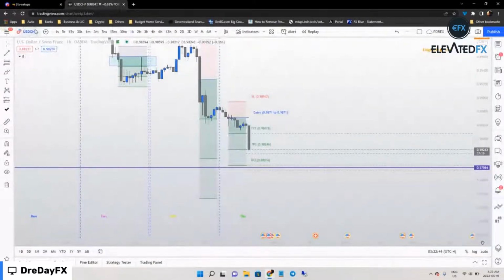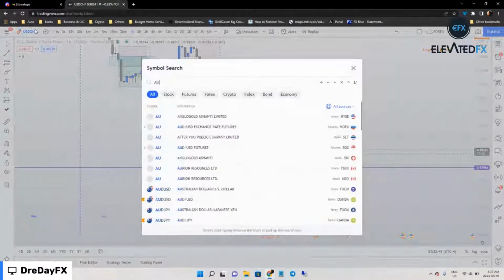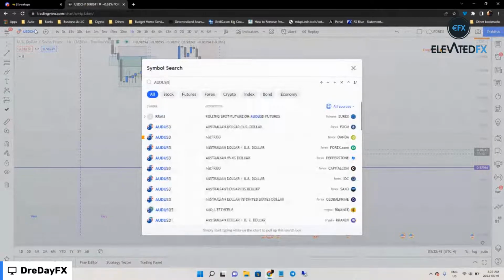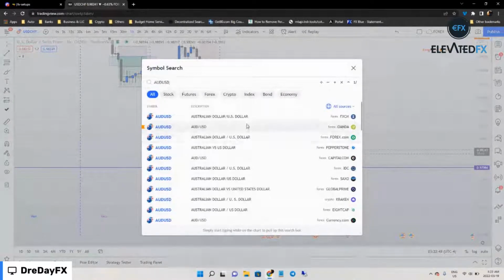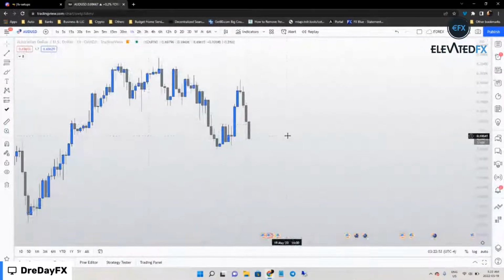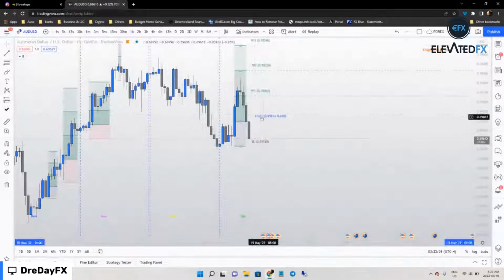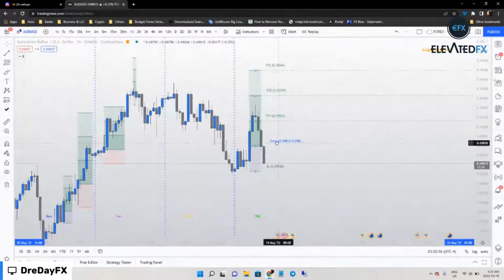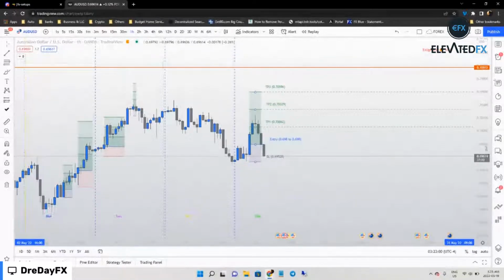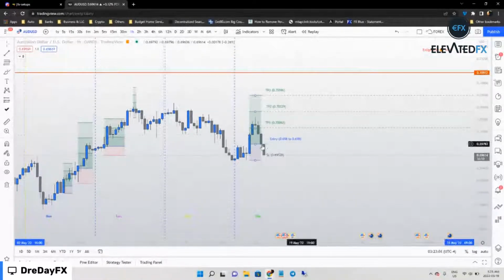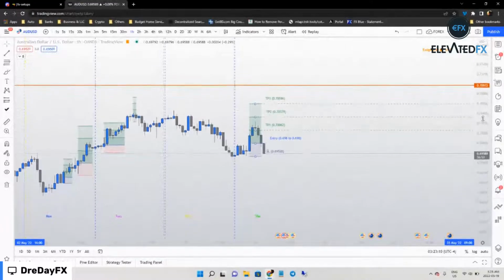So AUD USD. An actual trade that I missed for the entry. It was a good setup, but at the time that it came out, it had already hit TP1, and that's really the reason why I didn't take it.